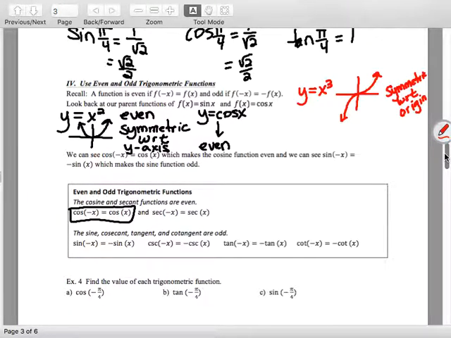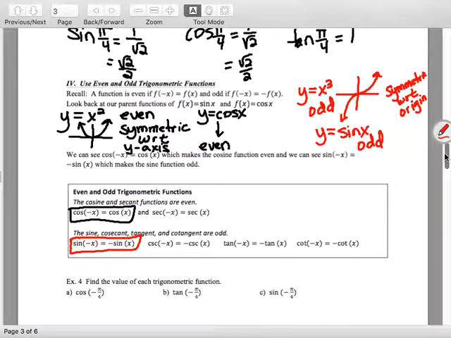And it's odd. Well, y equals sine x is odd. And what we know about odd functions is that f of negative x equals negative f of x. So what I have here is the sine of negative x equals negative sine x.